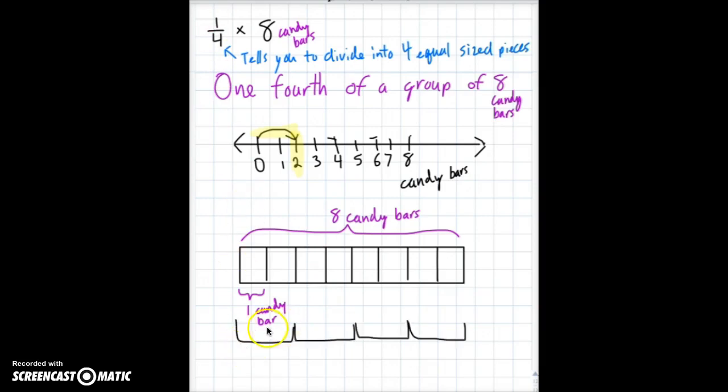So here are the 4 equal size pieces, and you'll notice that if I take one of those 4 equal size pieces, it's going to be 2 candy bars. So that is why 1/4 of 8 candy bars is equal to 2.